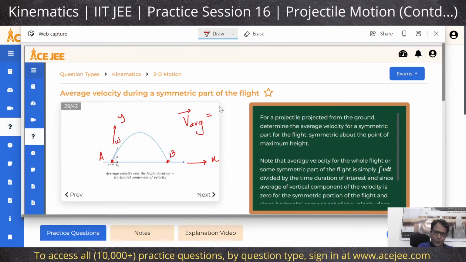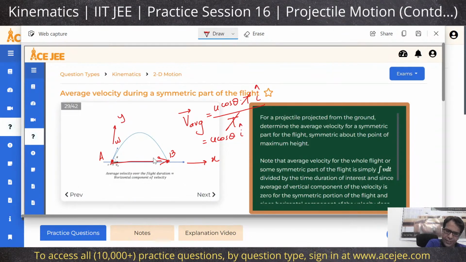So net displacement is the final position minus the initial position, that is simply your range. What is range? u cos theta into the time of flight, and I'm going to call it T. If the displacement is from A to B, divided by the time of flight, it's simply u cos theta.